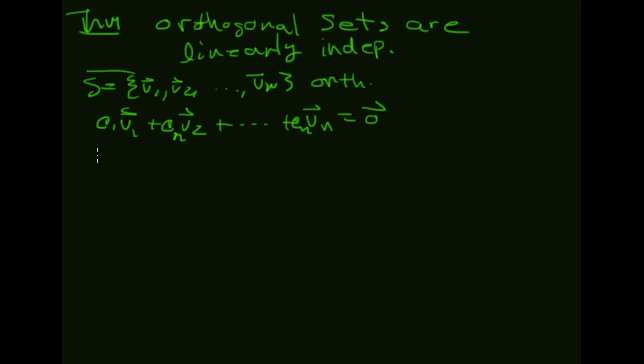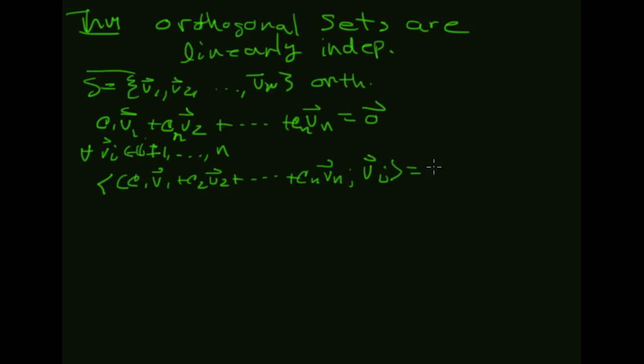This means that for every v sub i, where i is from 1 to n, the following statement is true. The inner product of c1 v1 plus c2 v2 out to cn vn with v sub i has to equal the inner product of the 0 vector and the v sub i vector.